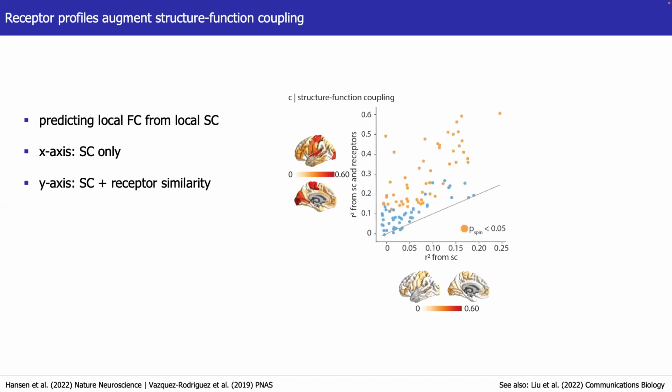And now I'm showing you how well I can predict function from structure for different brain areas. The line there is the identity line. What you're seeing is that for the model where I've included receptor information, I now predict function much better, basically across all areas of the brain. And I do so significantly above the effect of spatial autocorrelation for most of them.